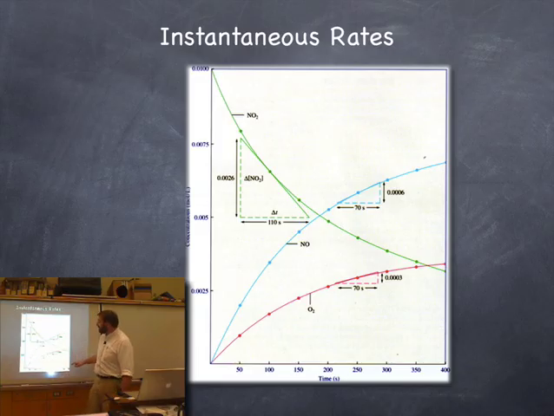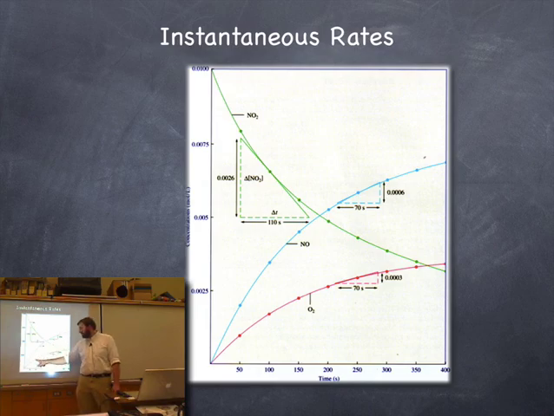Now if you look, however, at the slope, the shape of the oxygen line, it is not as steep. It's not the same slope as the NO2 line. In fact, excuse me, the oxygen is half the slope of the nitrogen monoxide, NO, because it's a 2-to-1 ratio in our balanced chemical equation.